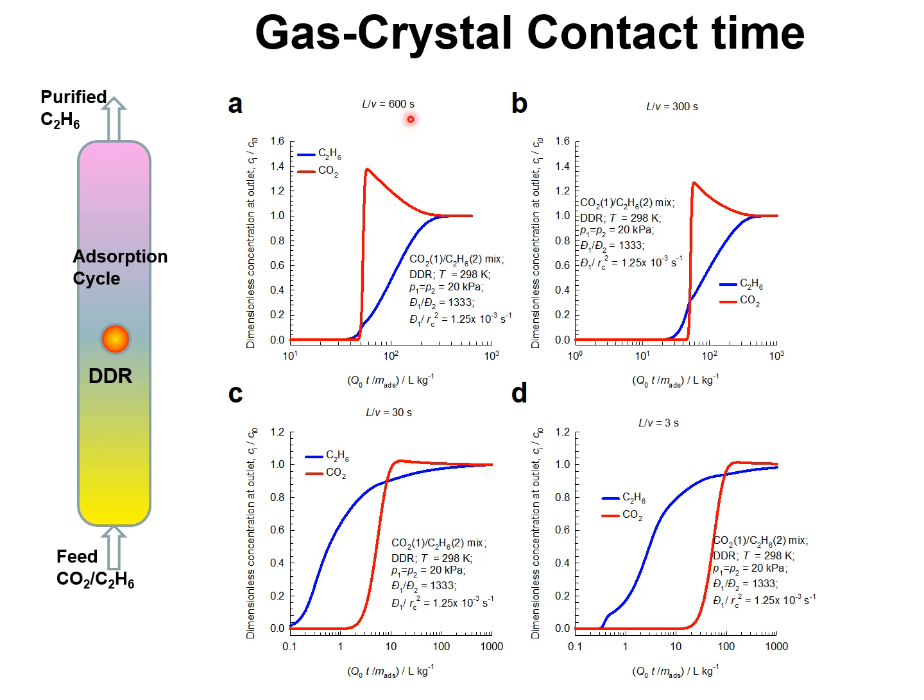Let's look at the scenario in which the contact time is 600 seconds. The time is so large that the bed operates close to equilibrium, and the first component to elute the fixed bed is CO2, and there is no selectivity reversals.